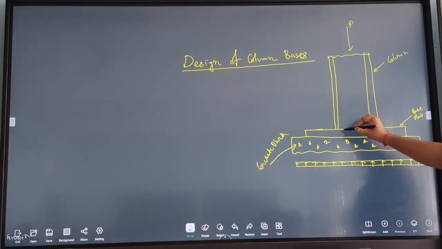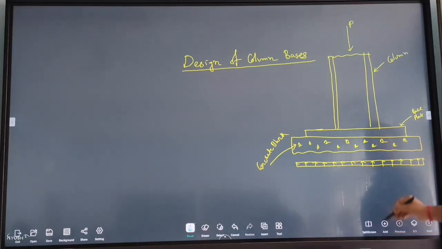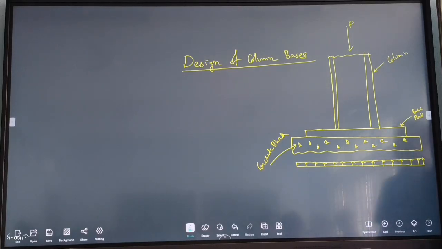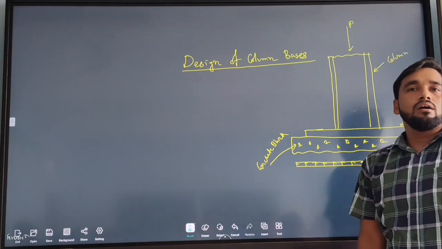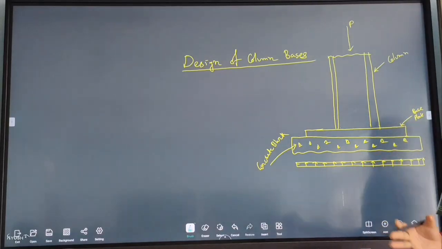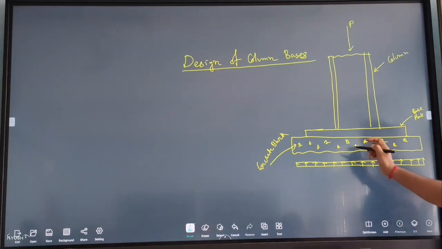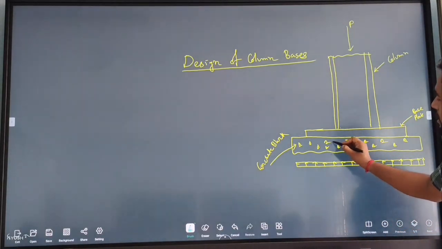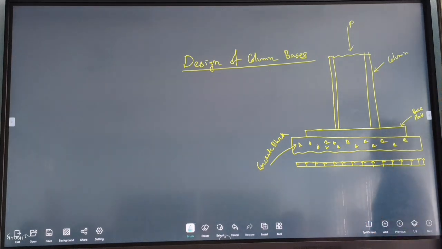The column is supported below by the column base. There is a steel base plate, and the steel base plate is placed over the concrete block. When we are designing the axially loaded column, we consider that the pressure distribution is uniform from the concrete below. As we know, every action has an equal and opposite reaction.